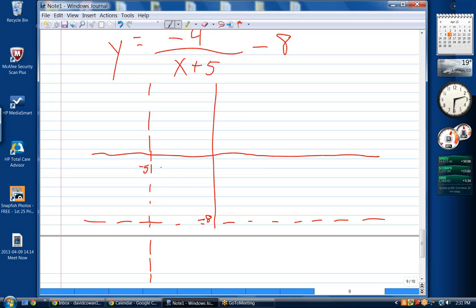In fact, why don't we pick a point over here, then we'll be absolutely clear where it is. Let's pick x equal to +5.